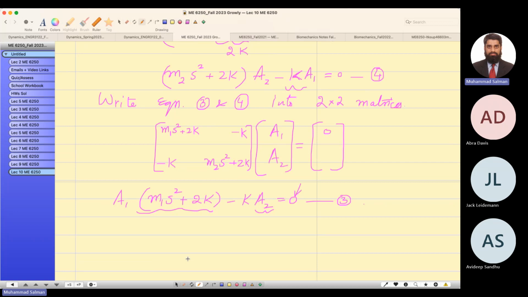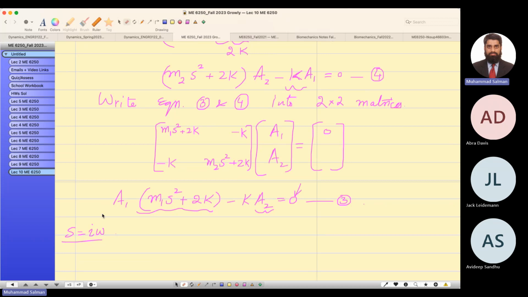Agreed? Now this is important information. Why? Because we can find out the frequencies. Actually, you have to find out the frequency. S is a frequency. You will see it later on. You remember s can also be represented like i omega in the frequency domain.